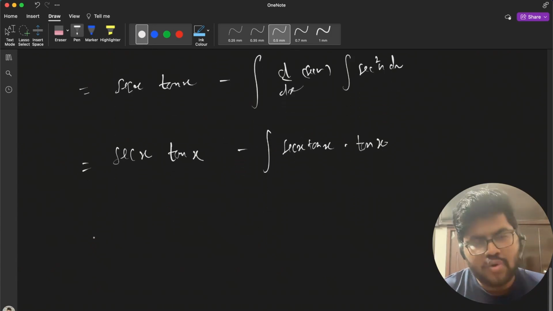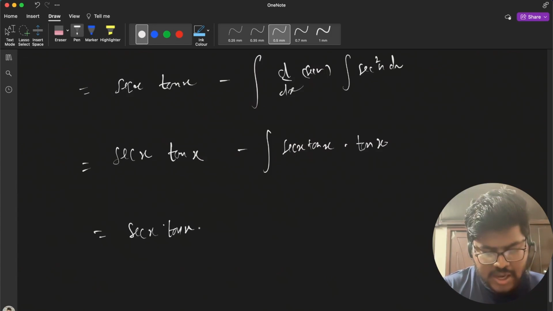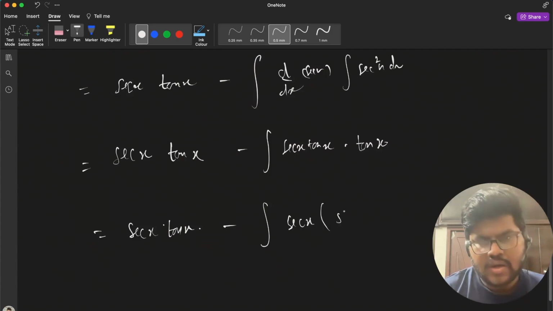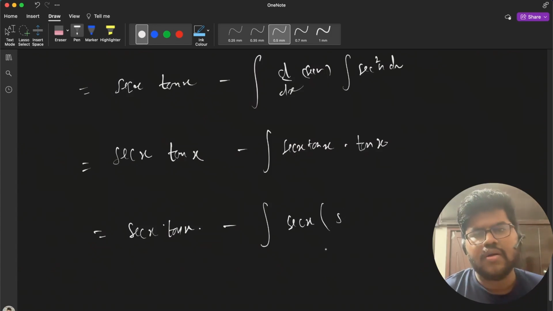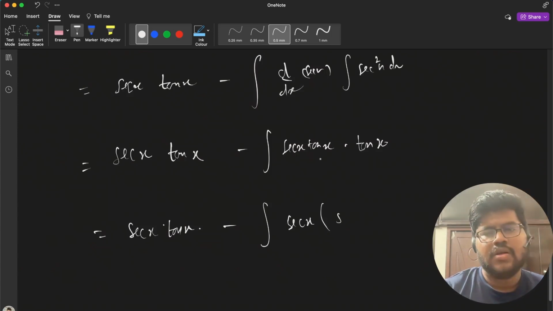Now sec x into tan x minus, take sec x common, and inside we are left with tan x into tan x, right?